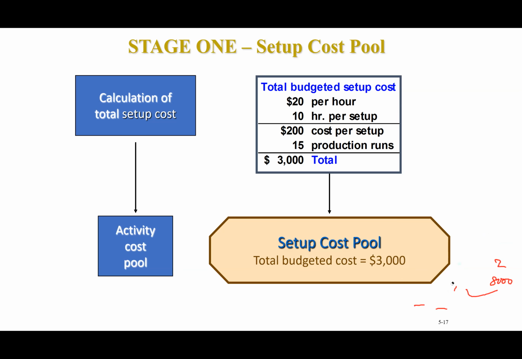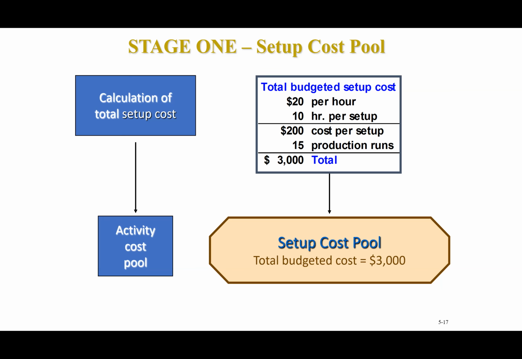Okay, for the setup, because it's a batch related activity, we were given $3,000 allocated to it. Here it says $20 per setup hour and 10 hours per setup. So that's like $200. And then 15 production runs. So total of $3,000. So $3,000 was allocated during stage one to this pool.